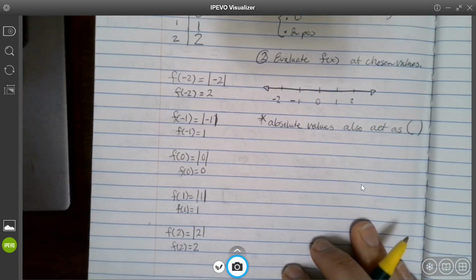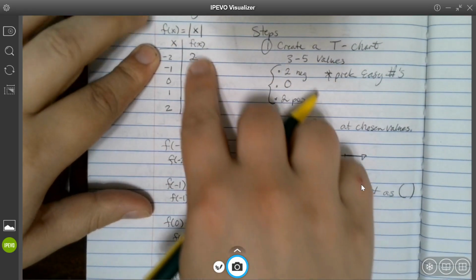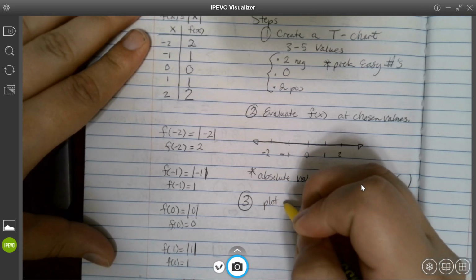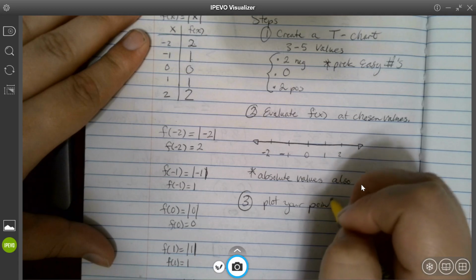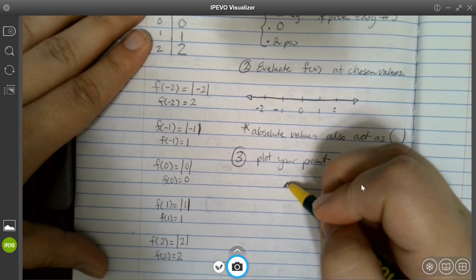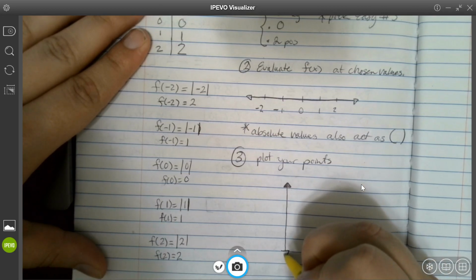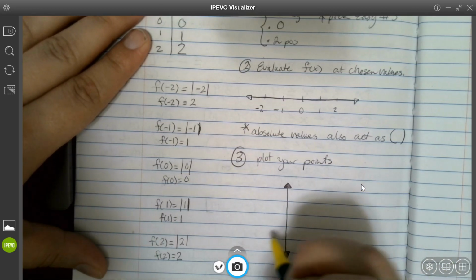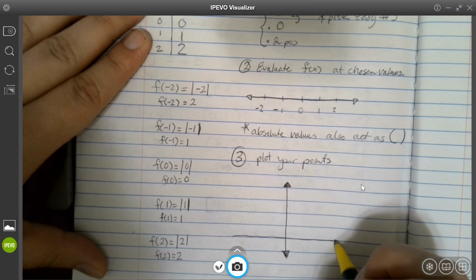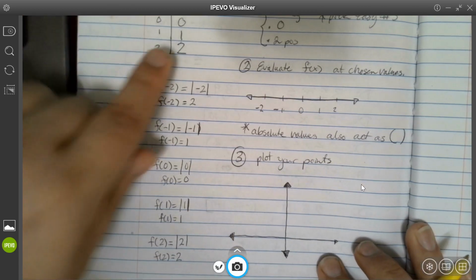Okay. And these are going to be the same steps you use for basically any time you want to graph something. So we've got our points. Step 3 is plot your points. That's pretty much it. Okay, so I'm going to start with the easiest one, 0, 0.